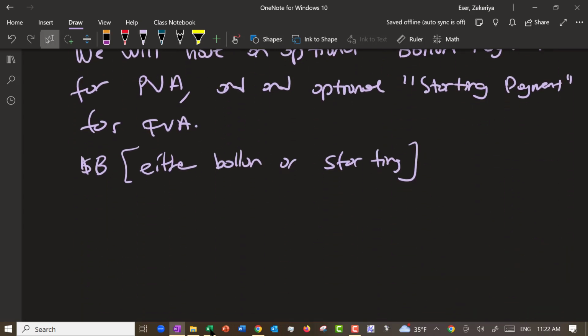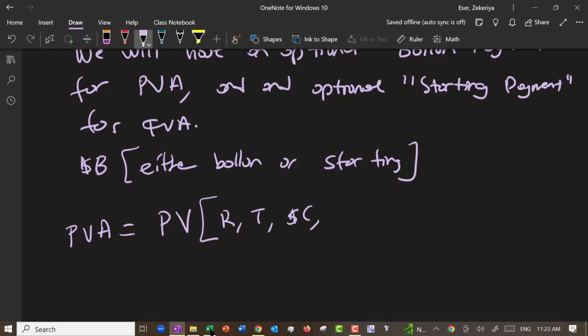So in Excel, PVA is going to be the function PV(R, T, C, B). Okay? I'm going to actually put a negative in front because whoever wrote this code must have been an accountant. It views that as debits and credits. Without that negative, it's going to give you a negative number, and FVA is going to be negative FV(R, T, C, B).